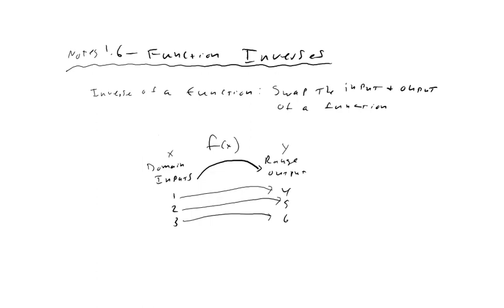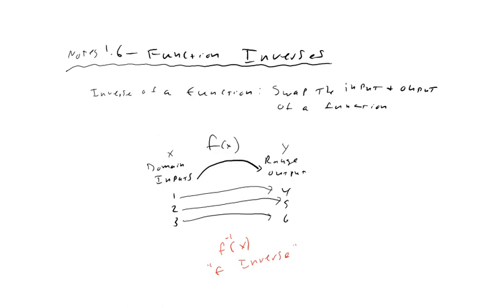An inverse goes the other way. It takes the connection that you have, and we say f inverse, f to the power of negative 1. You see the little negative 1 there.